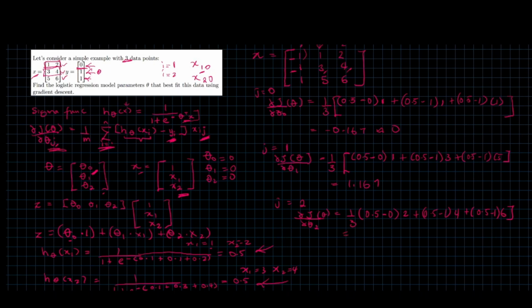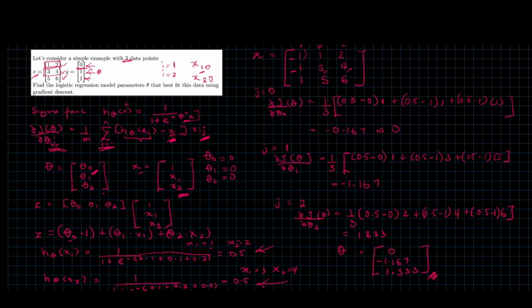So if you solve this, you're going to get the answer as 1.333. So you can simply say that the new values now are theta 1, 0, theta 2, minus 1.167, and the last one is 1.333. We can say that these are the new updated theta values.